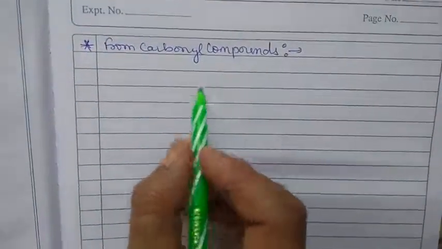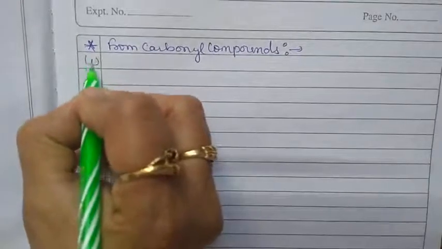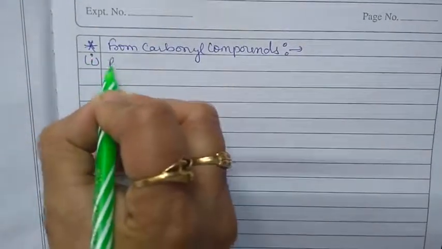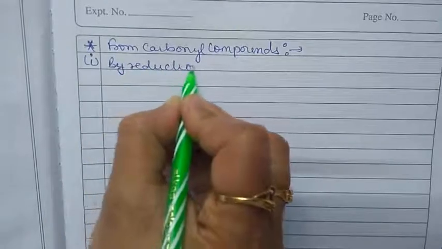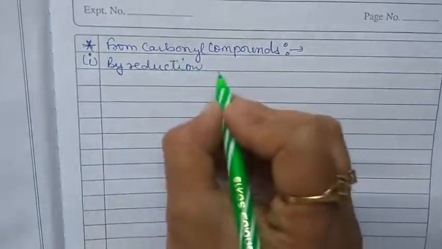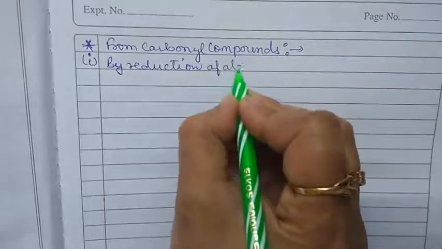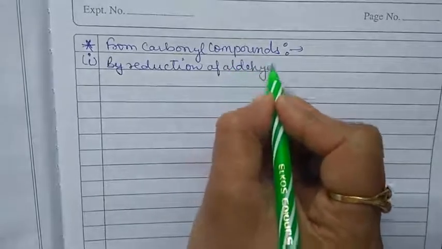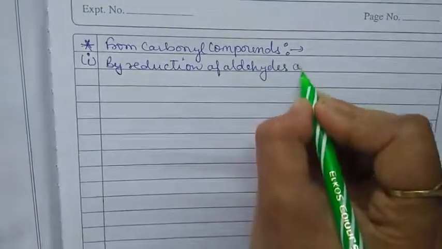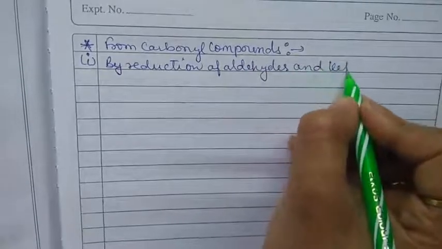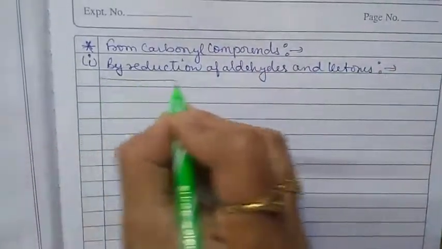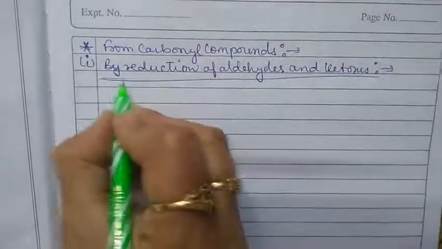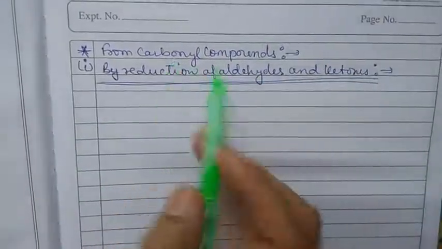Under this heading, from carbonyl compound, the first heading is by reduction of aldehydes and ketones. This is the main heading under the carbonyl compound.